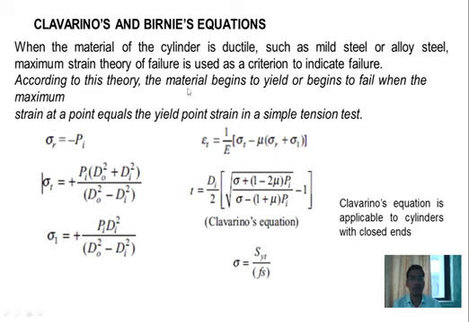According to this theory, the material begins to yield or fail when the maximum strain at the point equals the yield point strain in the simple tension test. The previous equation is suitable for brittle material, and these Clarineus and Bernoulli's equations are suitable for ductile material.